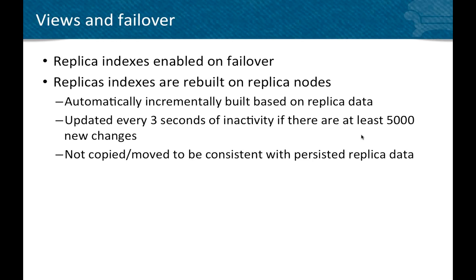So back to the replica indexes. As I had in the diagram earlier, each Couchbase cluster node maintains not only its active working set, but also the set that will be enabled in case of failover. The gist of the replica index is that it's on-disk data structures maintained so that they're ready in case of failover.